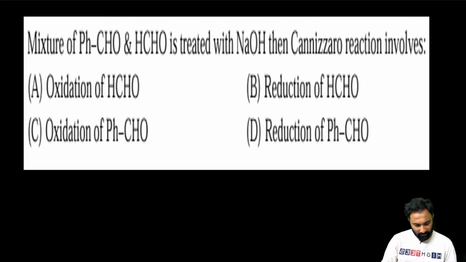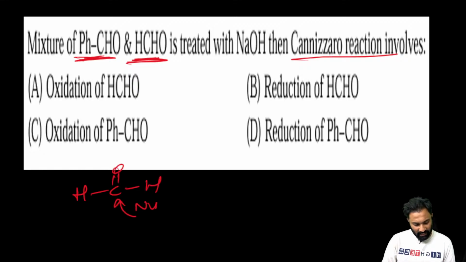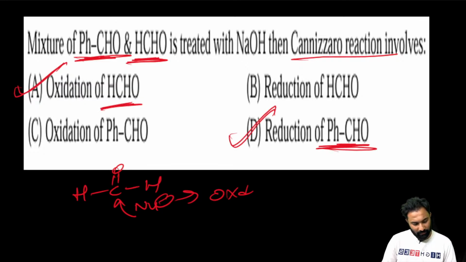Now this is a formaldehyde and this is an acetaldehyde. In the Cannizzaro reaction, as I already said, the one which readily undergoes nucleophilic addition reaction will be oxidized, and the other one will be reduced. So formaldehyde will be oxidized, and the other aldehyde will be reduced. So the answer is A and D.